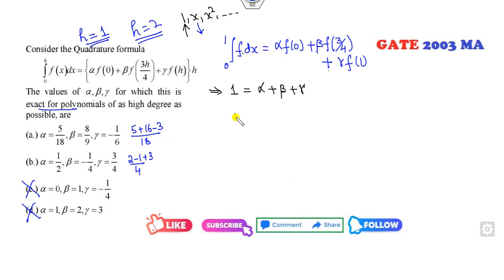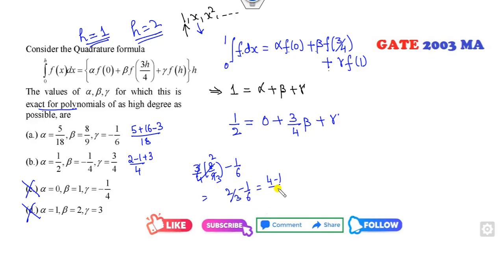What is the integration of x? Half. x at 0 is 0. x is 3 over 4 times beta and then gamma. We can check the options. First option is 3 over 4 times 8 over 9 plus gamma. Is it half? You can see it's 2 over 3 minus 1 over 6.